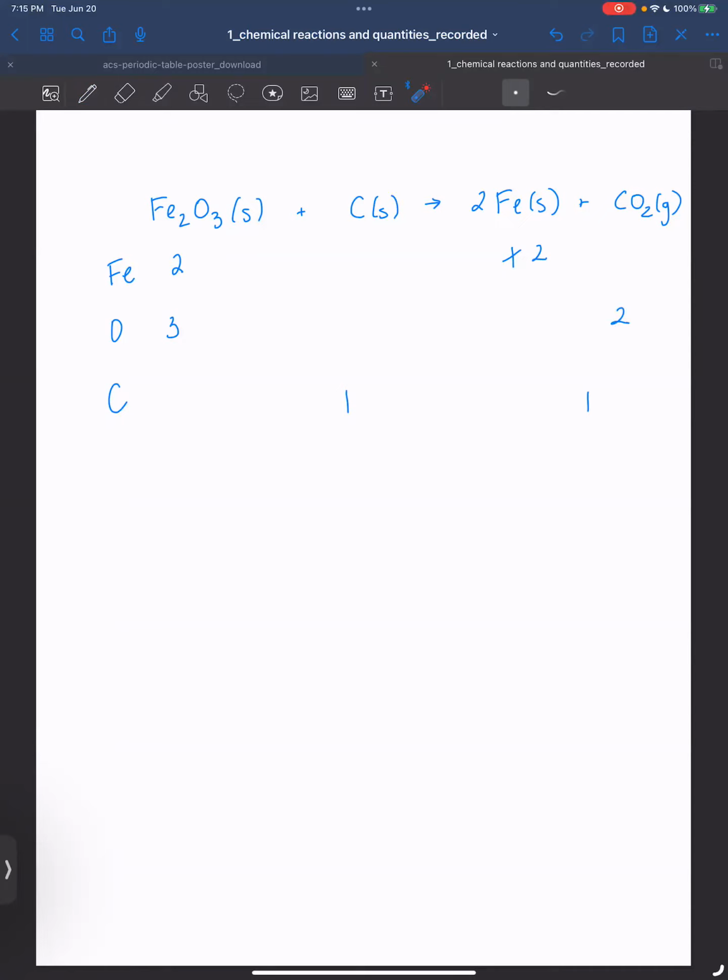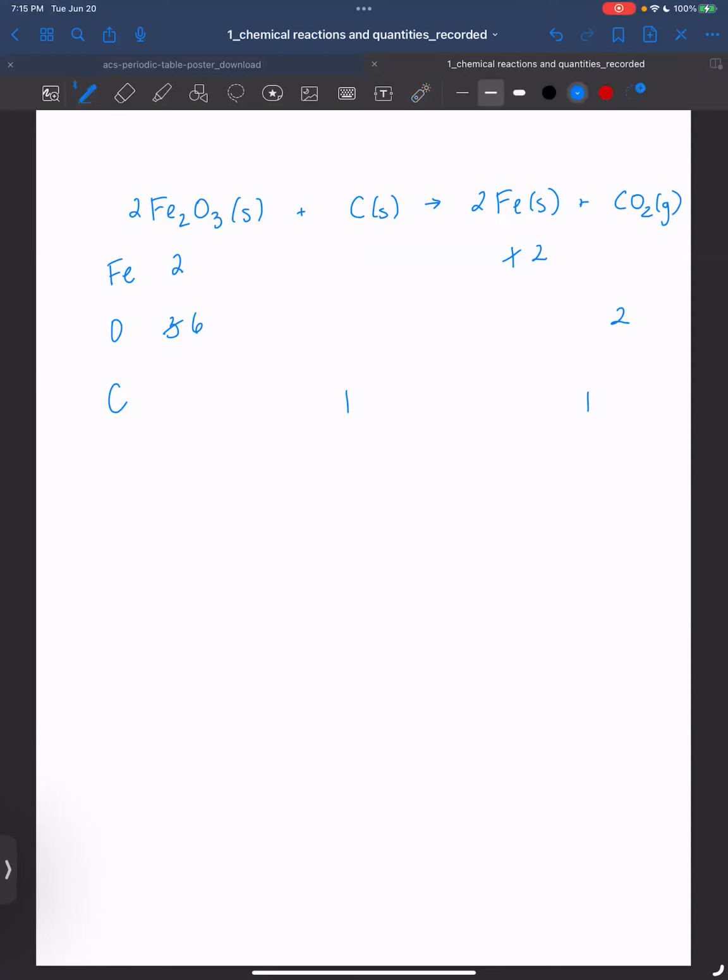What I mean by that is if I need to make this 3 into 6 oxygens and this 2 into 6 oxygens, because otherwise it's hard to balance it. You would need to use fractions to do it. So what I mean is, for example, if I wanted to make this 6 oxygens, then what coefficient would I need up front? I would need 2, because 2 times 3 is 6.